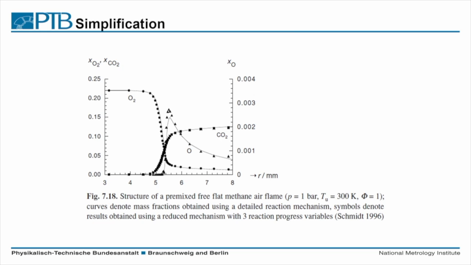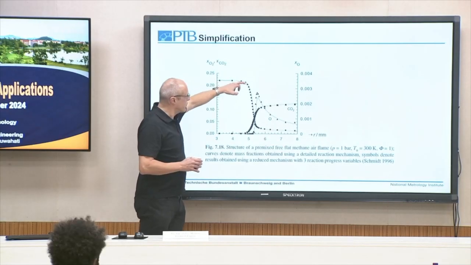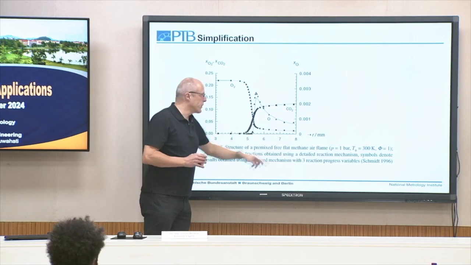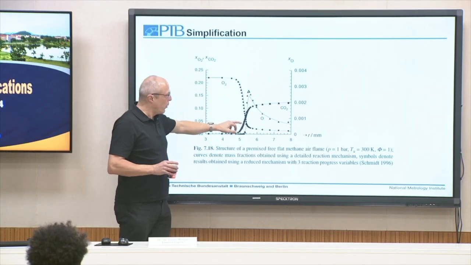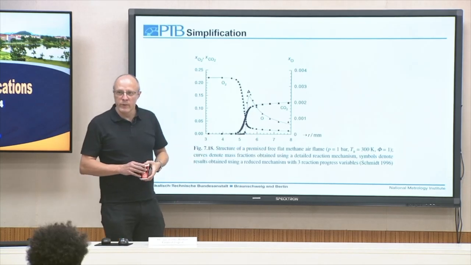Here you see an example for a laminar premixed flat methane flame. So here we have the consumption of oxygen as a function of distance. Here we have the intermediate species O, so atomic oxygen, and the product CO2. The lines are the result using a complex mechanism.